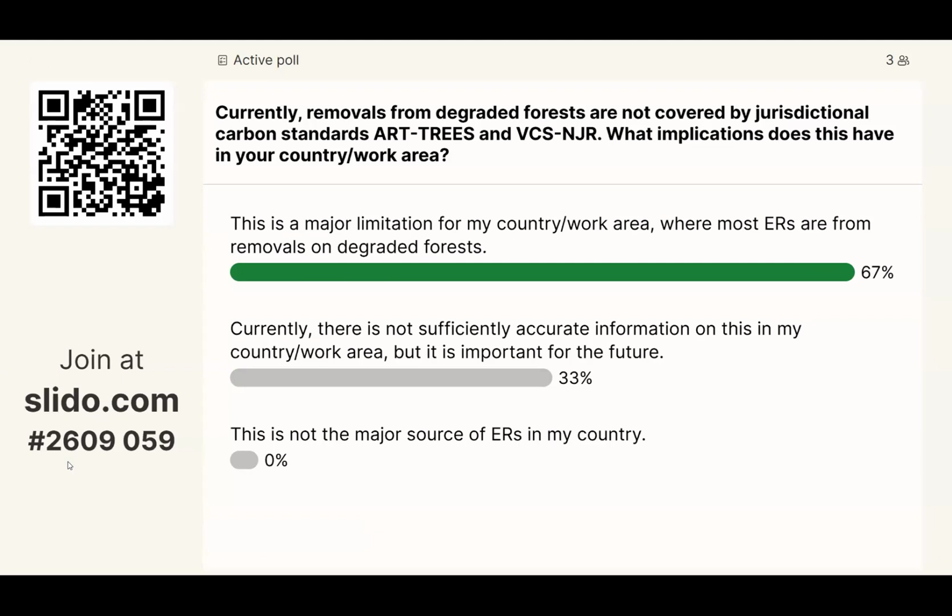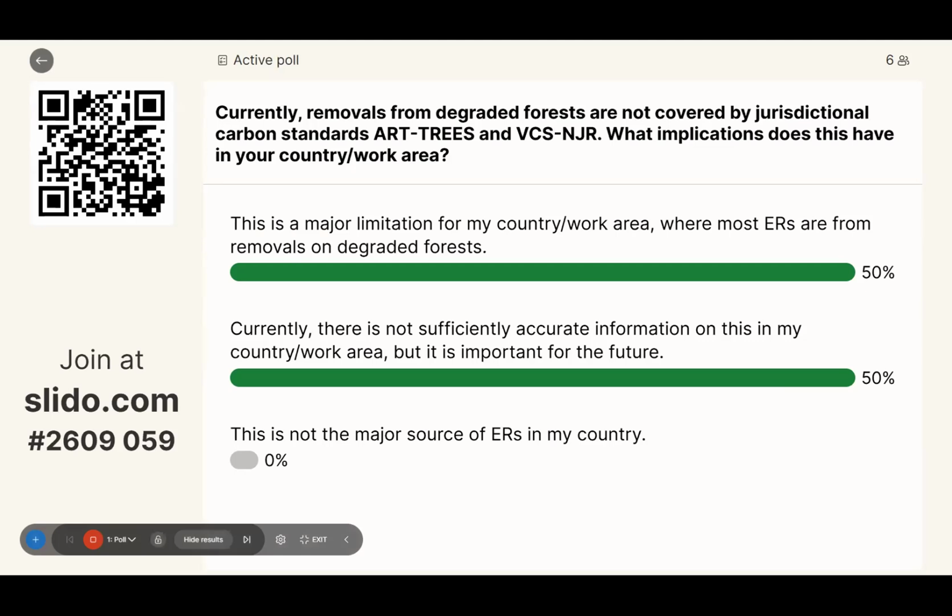So right now we have two of two saying it is important, and now we have 50-50. So three with a major importance, and three where it potentially could be important, but the data currently isn't. I guess it's difficult to answer this one, right? Because for a lot of countries, I guess it could be important, but the data is not ready to submit it.